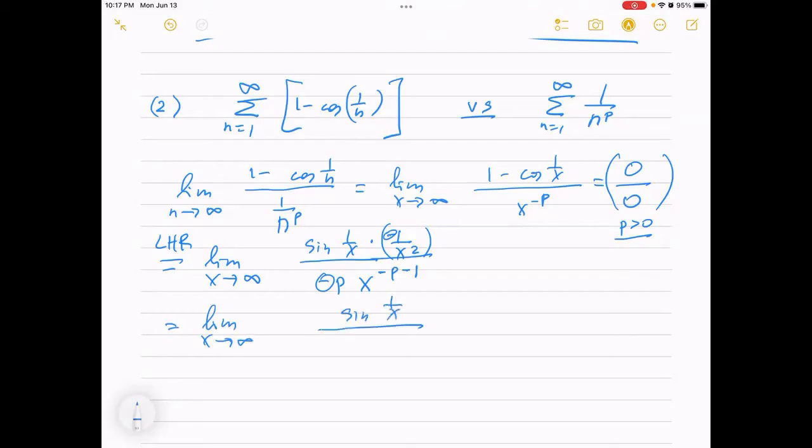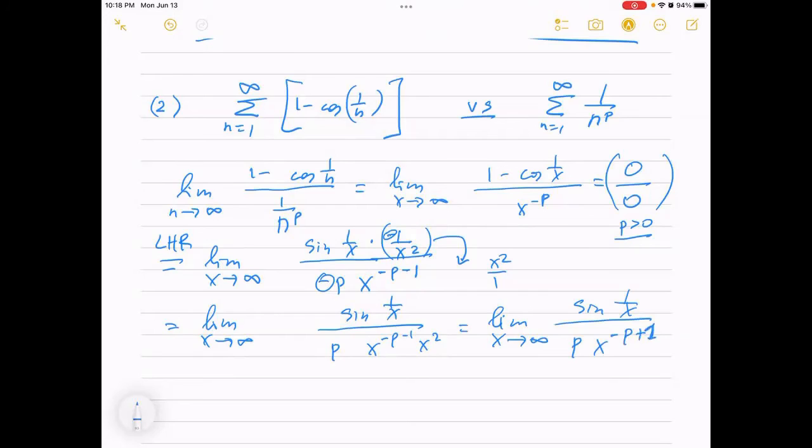You also notice that we can combine the powers. We can bring that 1 over x squared down, multiplied by its reciprocal. So we get p times x to the negative p minus 1 times x squared. So we get the limit as x approaches infinity of sine of 1 over x divided by p x to the negative p plus 1.